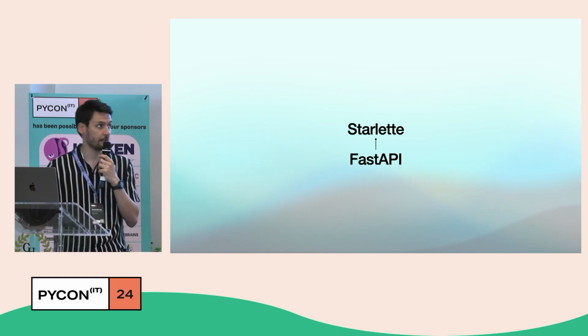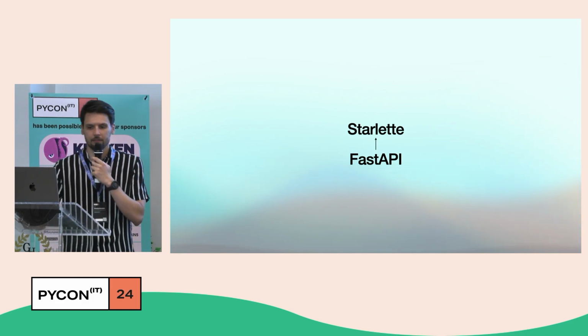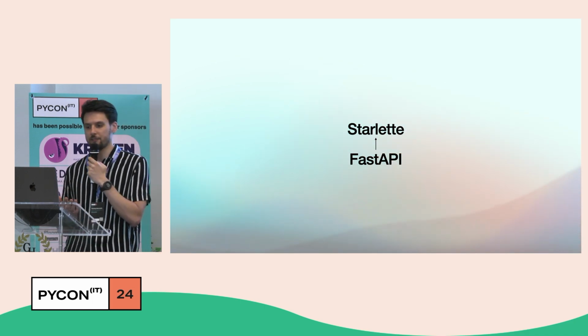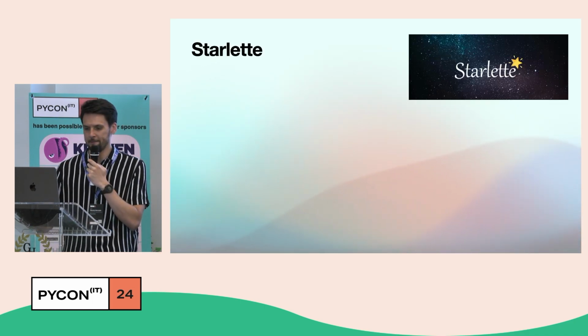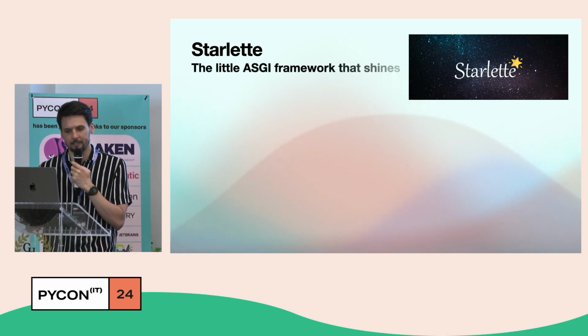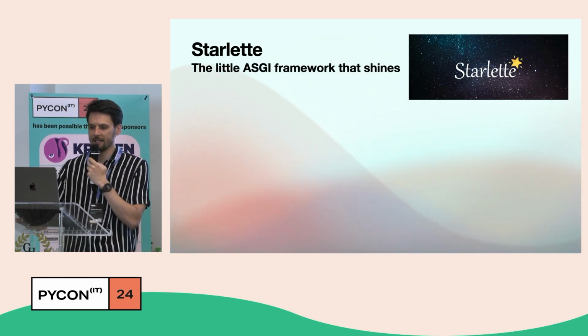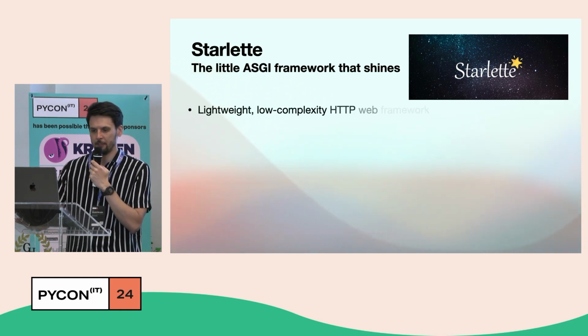It is Starlette. FastAPI derives from Starlette a lot of features that you might not even realize. Starlette is a lightweight ASGI framework, which is ideal for building async web services in Python.